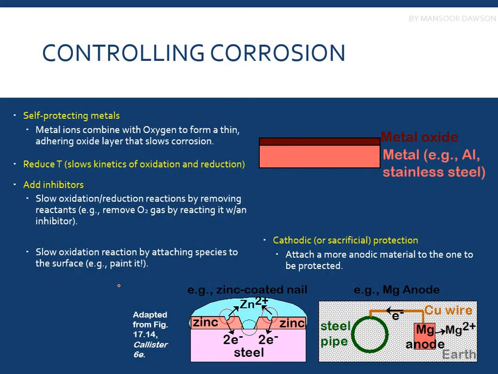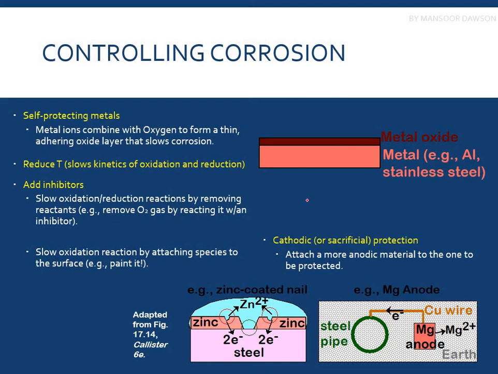So now, controlling corrosion. We can control our corrosion with self-protecting metals, reducing the temperature kinetics, adding inhibitors, or cathodic or sacrificial protection. First, the self-protecting metals: these metals form an oxide layer.